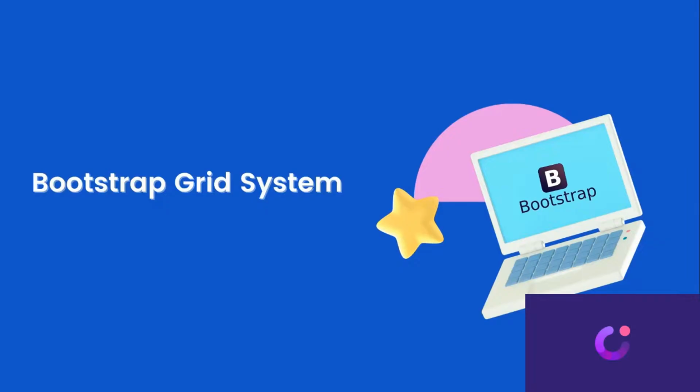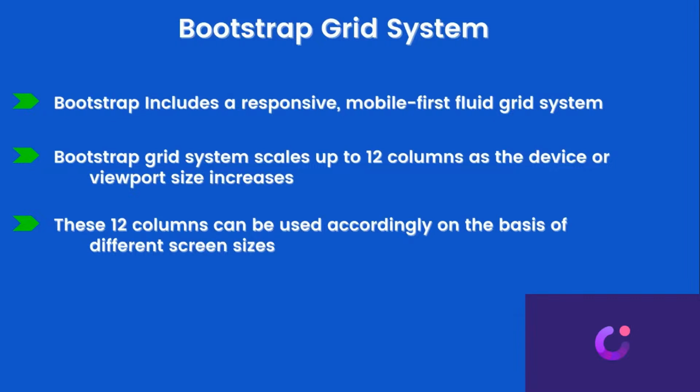So let's see what is all here in the Bootstrap grid system. Bootstrap includes a responsive, mobile-first, fluid grid system. As I said, all this responsive web design is possible because of this grid system itself. The Bootstrap grid system scales up to 12 columns as the device and viewport size increases.